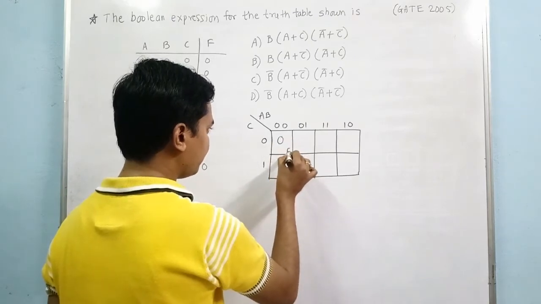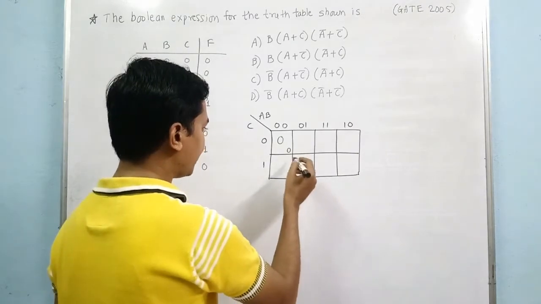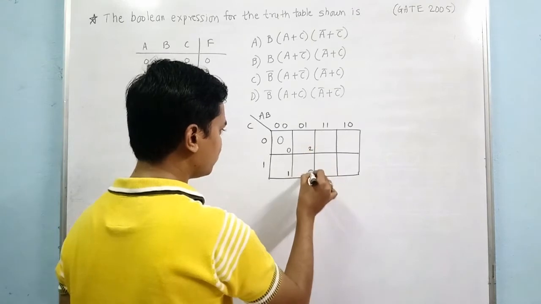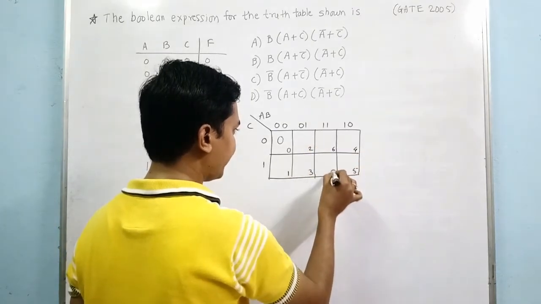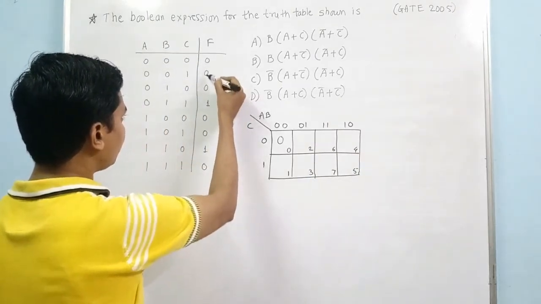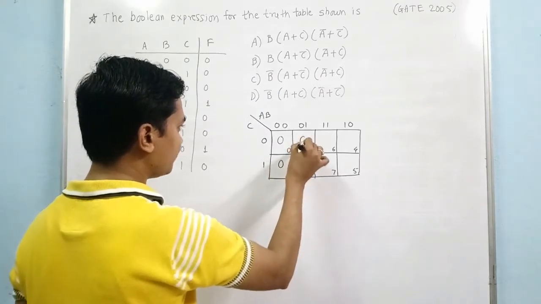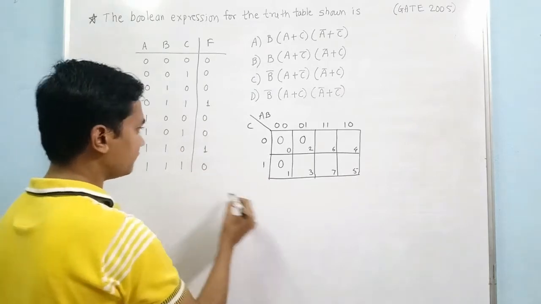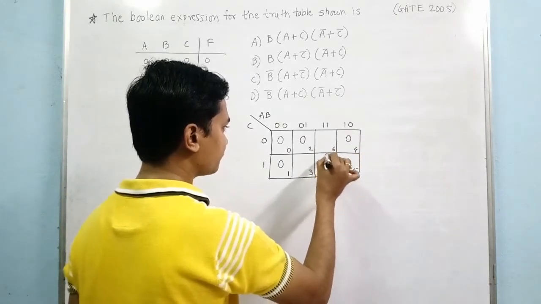I will first write the positional values in all the cells so that it will become easier. 0, 1, 2, 3, this is 4, 5, 6 and 7. Okay, so for 0, 1 and 2 the output is 0. Then for 4, 5 and 7 also.